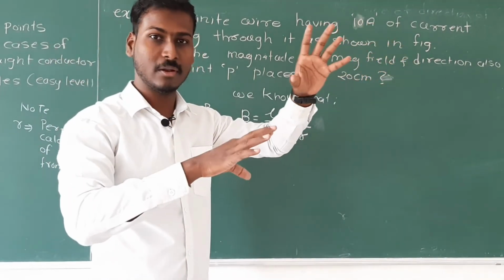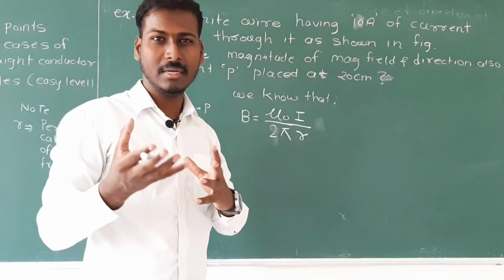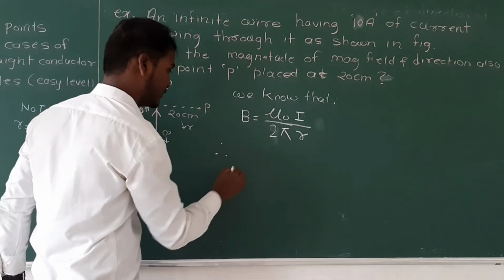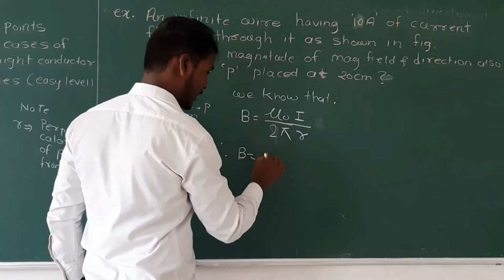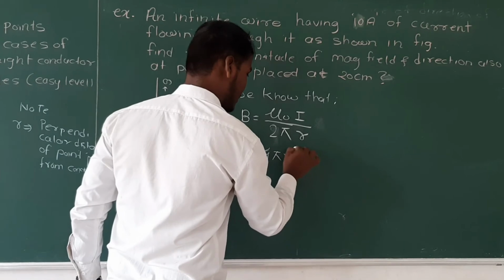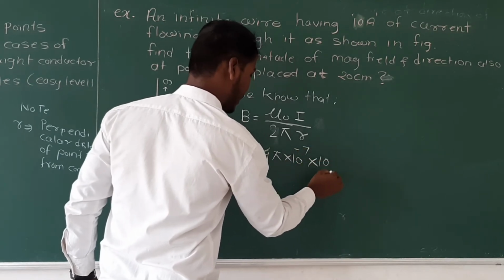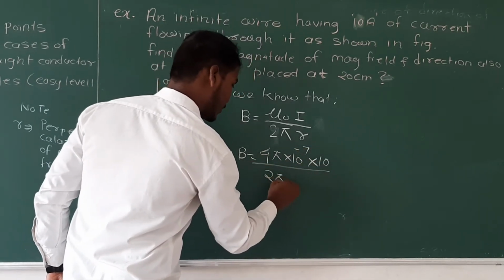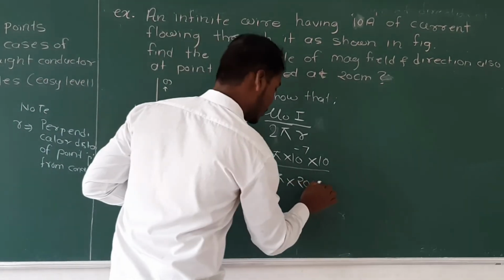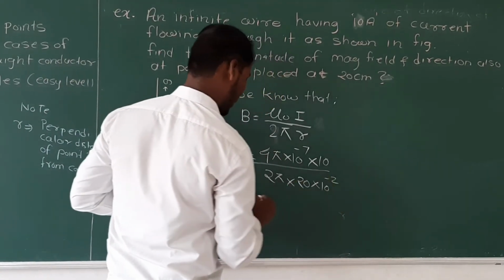After that, put those values in your mind. It will take only 1 to 2 seconds. So this is the expression. Therefore B is equal to, you know that the value of mu 0 is 4 pi into 10 raised to minus 7, into current, which is 10 ampere here, divided by 2 pi into r, which is 20 centimeter they have given us. We convert it into meter by 10 raised to minus 2 factor.